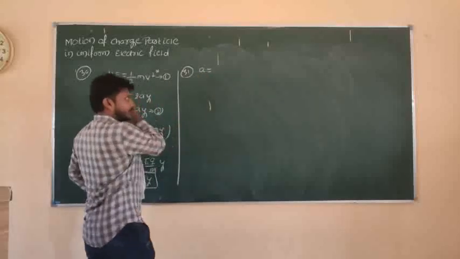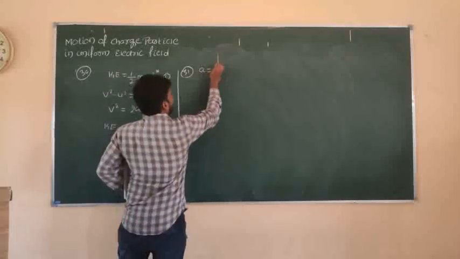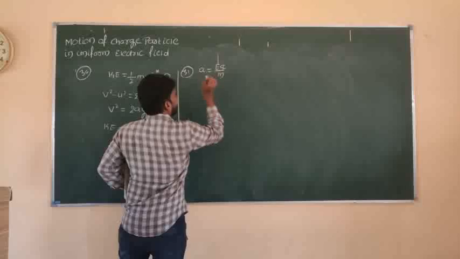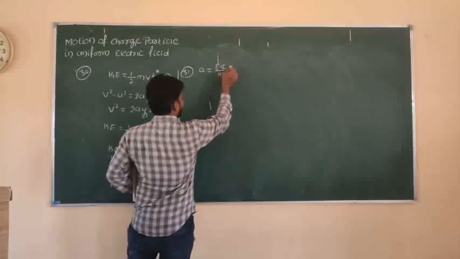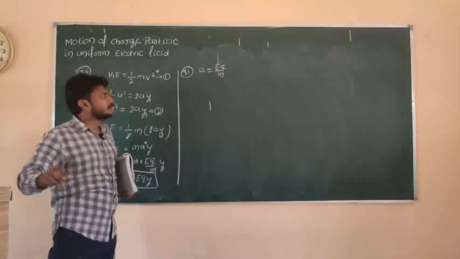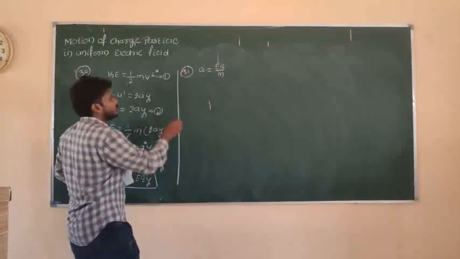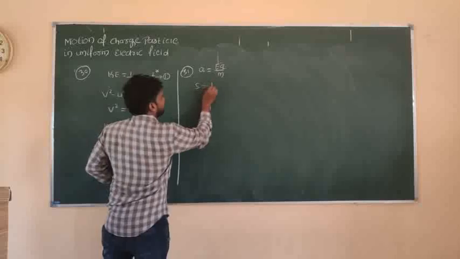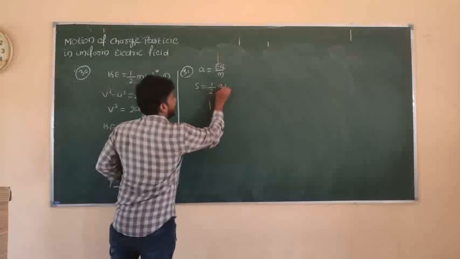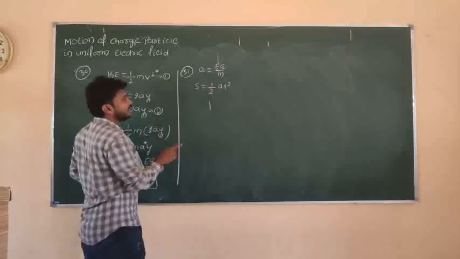Acceleration is equal to, so what is the equation? E into Q divided by M. So the acceleration formula is that acceleration A is equal to E into Q divided by M. If it is a distance, then S is equal to half of A into T square, if initial velocity is 0.